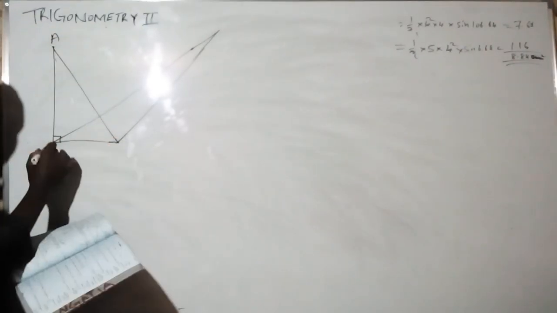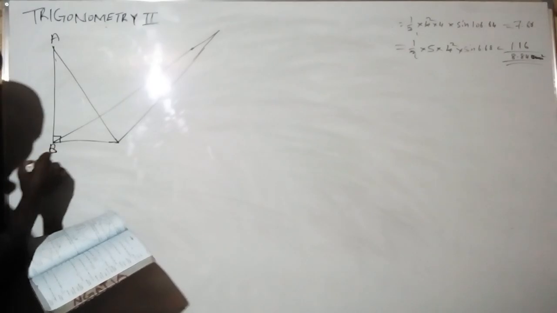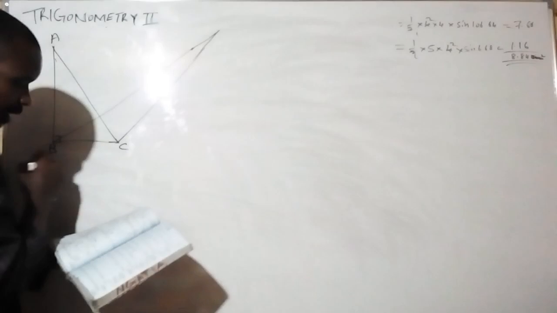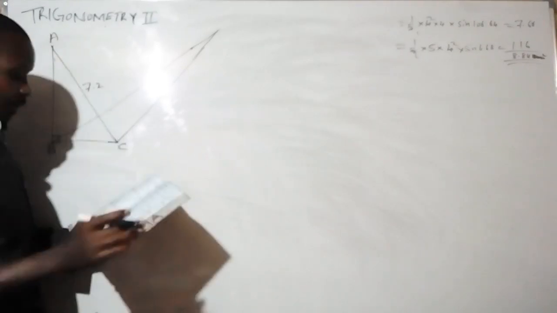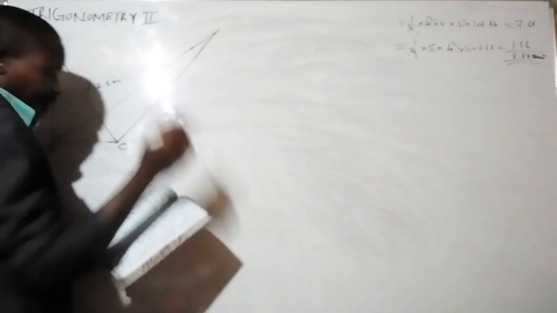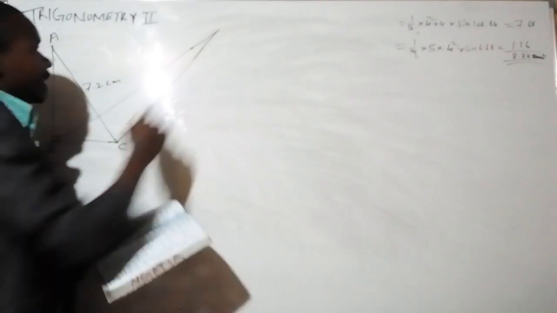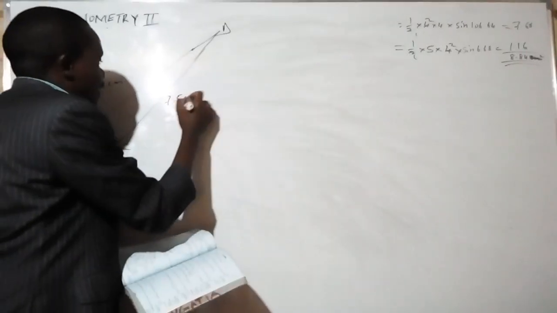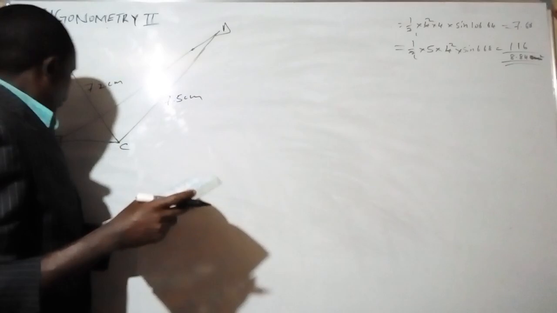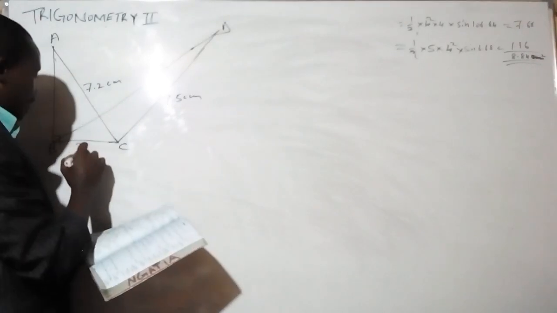We have A, B, C. AC is 7.2 centimeters, CD, this is our D, CD is 7.5 centimeters. What else do we know? We know that BC is 3.4 centimeters.